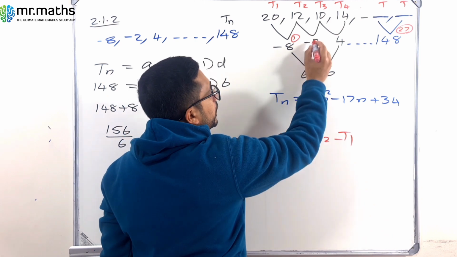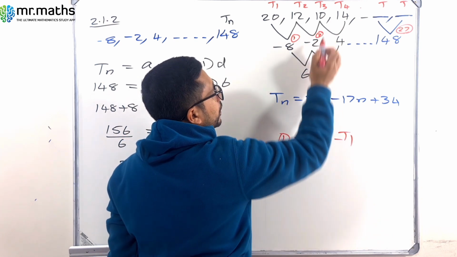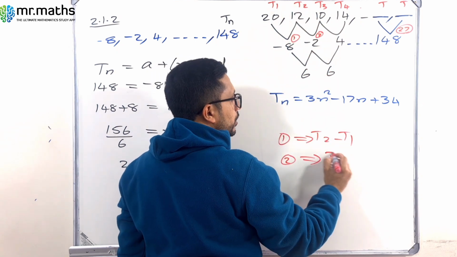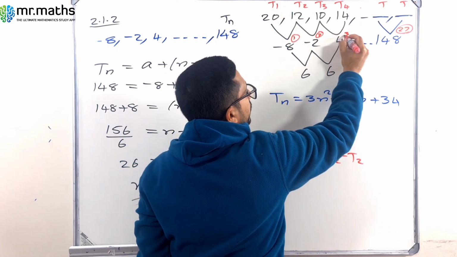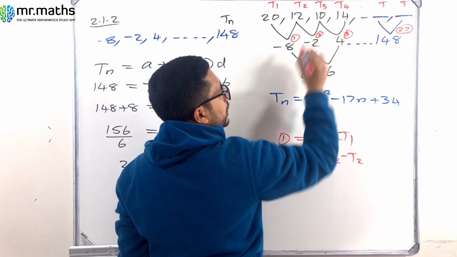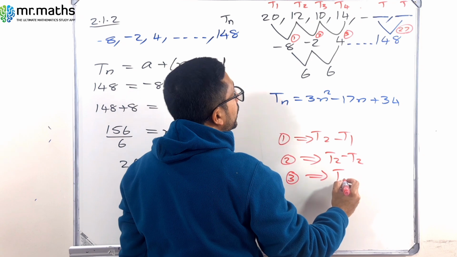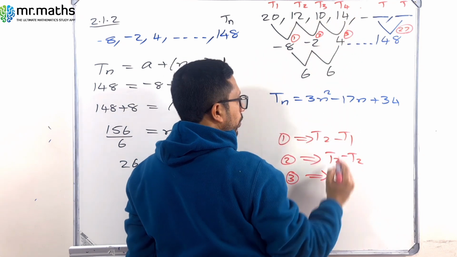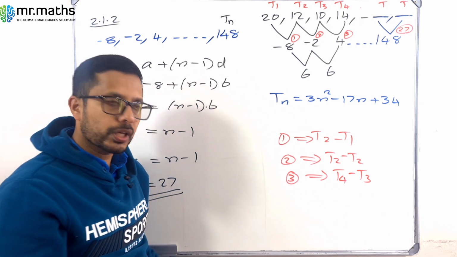And the second term is the difference of what? T3 minus T2, am I right? Then the third term is the difference of T4 minus T3. What do you understand from here, guys?